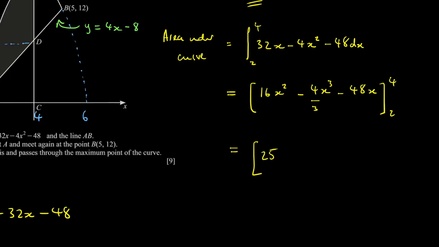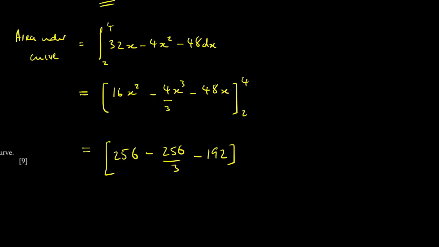So 256 minus 4 cubed, which is 64, times 4 is 256 upon 3. Minus 48 times 4. So 48 times 4 is 192. And I also need to substitute in x is equal to 2. So 2 squared is 4. 4 times 16 is 64.